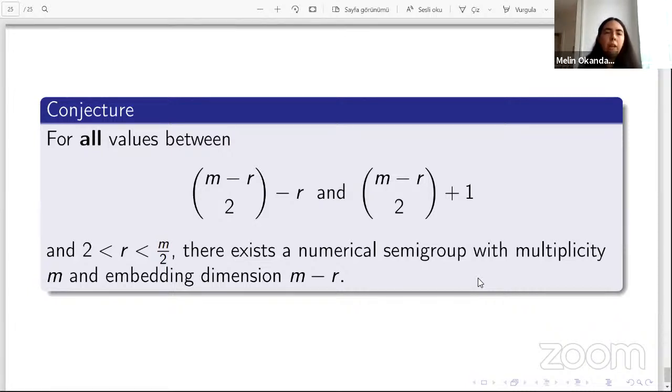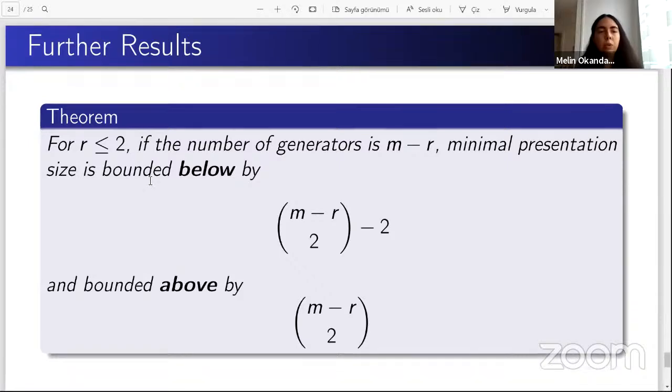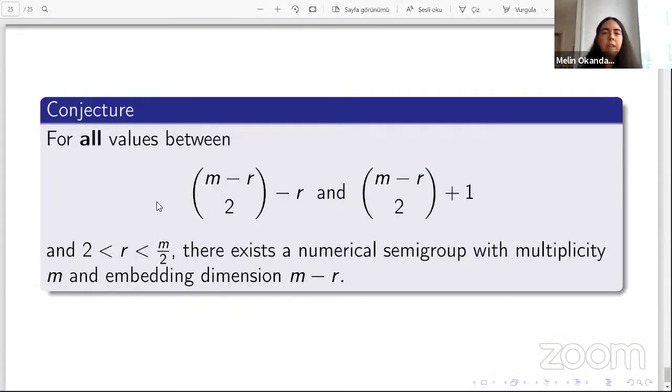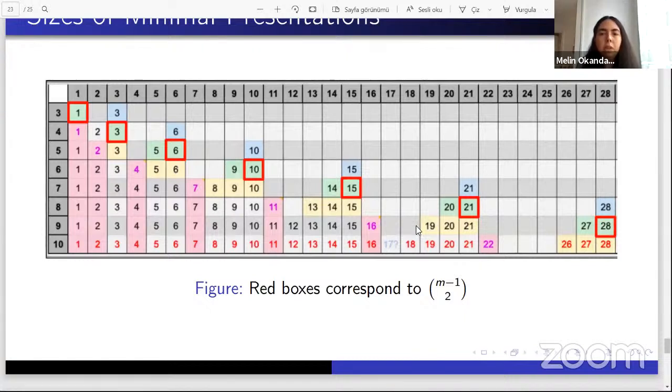Actually, in this theorem we were just looking at the values of r that are less than or equal to 2. But this table shows us that there are many more patterns here. As I said before, up to some number, we have all these possible minimal presentation sizes for a given multiplicity.